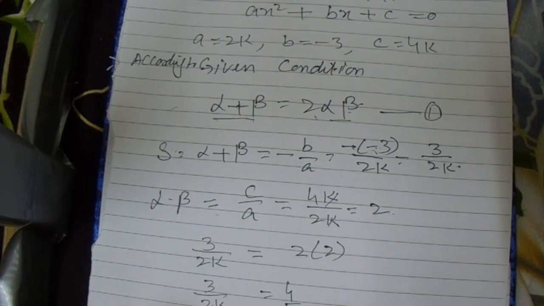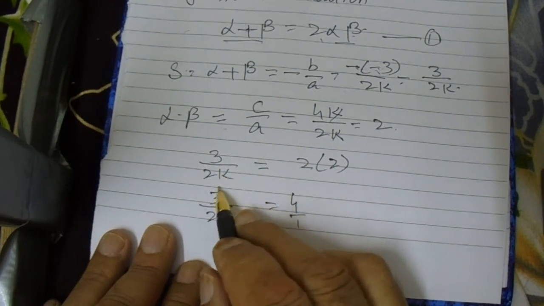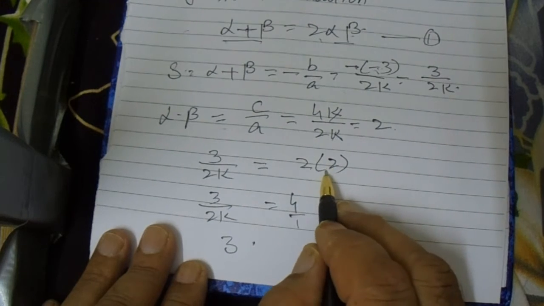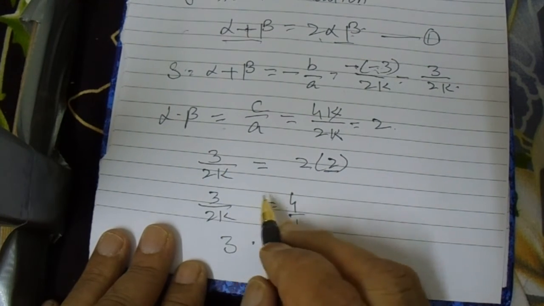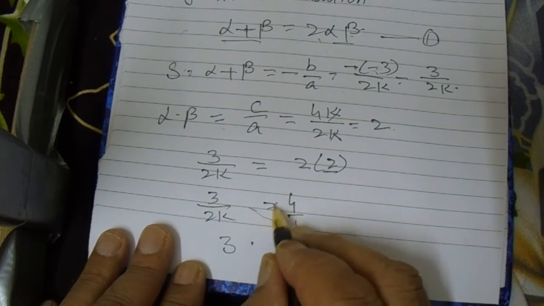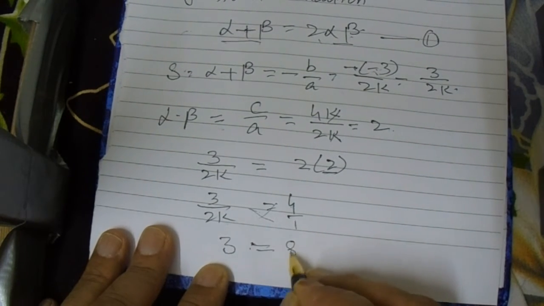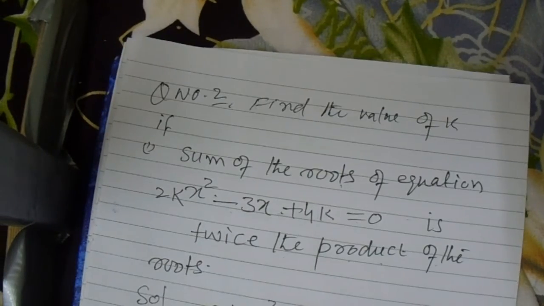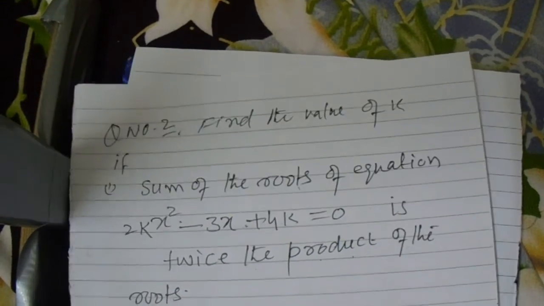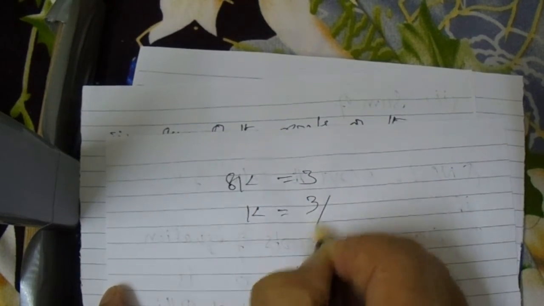By cross multiplication, 3 is equal to 4 times 2k, which is 8k. So 8k = 3, and k = 3 over 8.